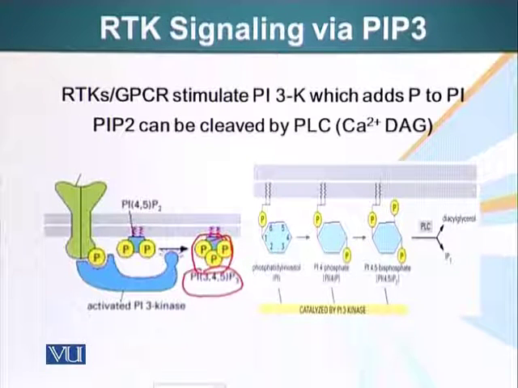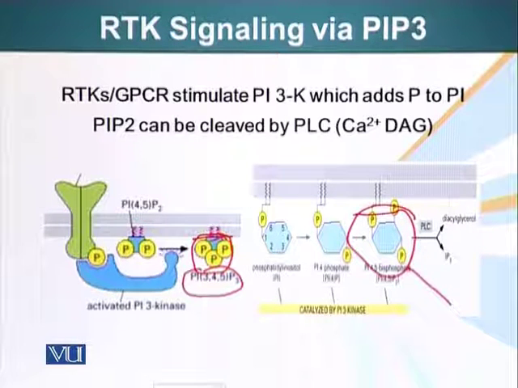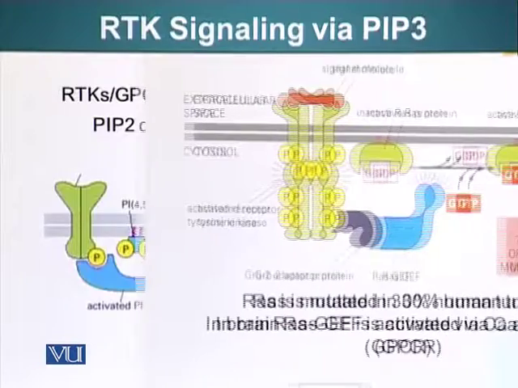Additionally, it can also be cleaved at this region, which we are seeing here. When it is cleaved, part of this molecule can go and bind the calcium channels on the endoplasmic reticulum, resulting in the increase of calcium ion concentration. And diacylglycerol, as you know, the hydrophobic molecule, stays embedded in the plasma membrane.